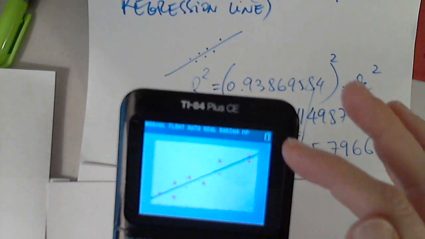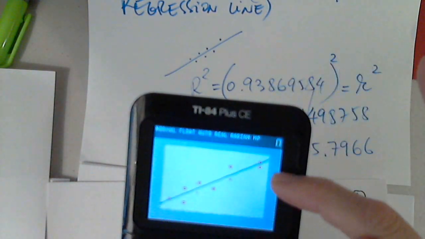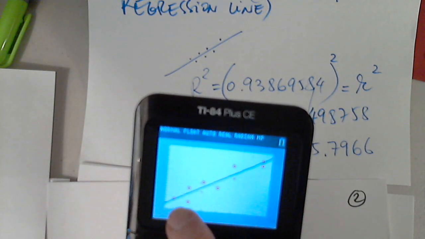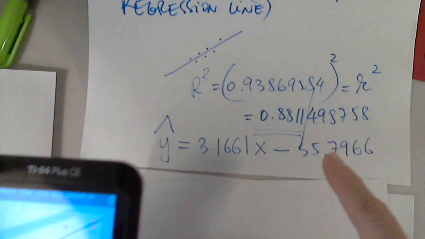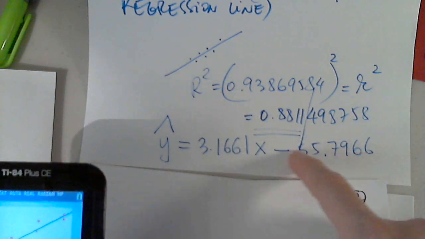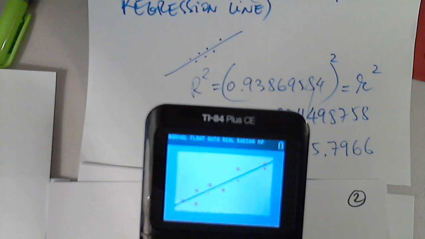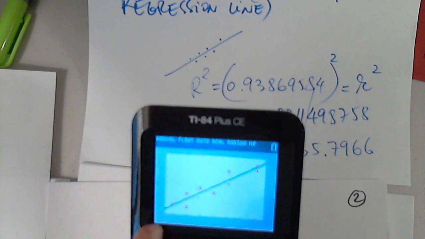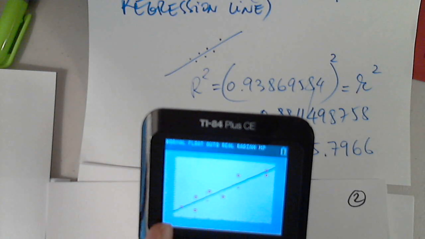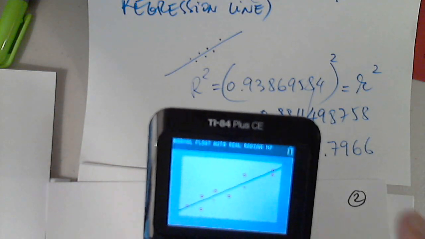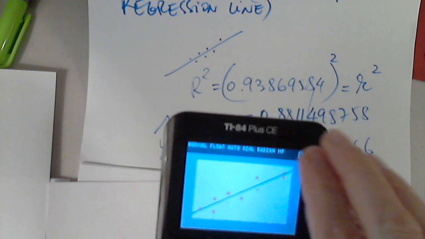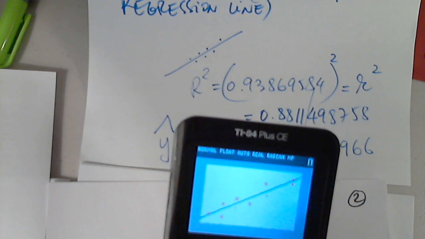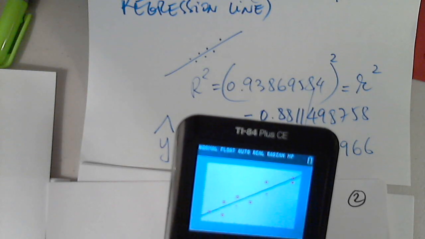So the calculator gives me the scatter plot, and it will graph also the linear regression line, the line of best fit. Careful, because you do not see 0 here. This is not actually 0. It just zooms in where the data set is and the line through it, the linear regression line.